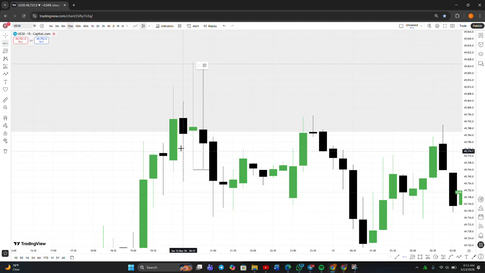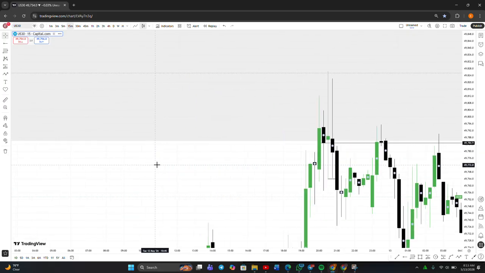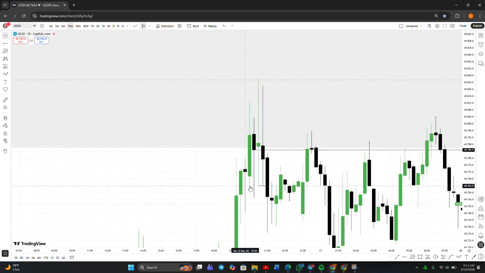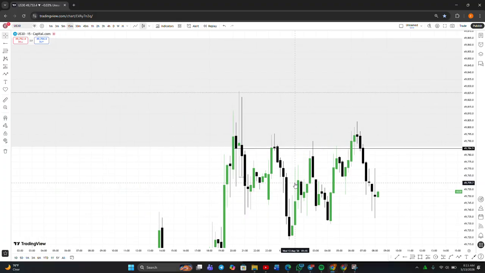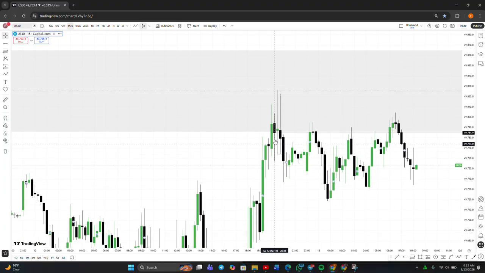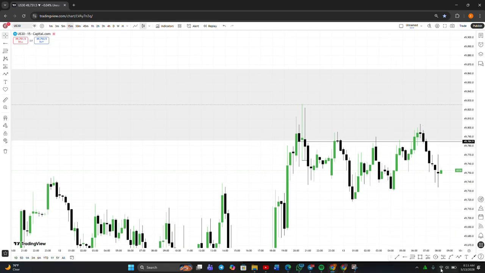My entry is going to be at this key level here. That key level is also known as, I've forgotten what they call it again, breaker block. So I just took the key level candle close, so my entry was from here.